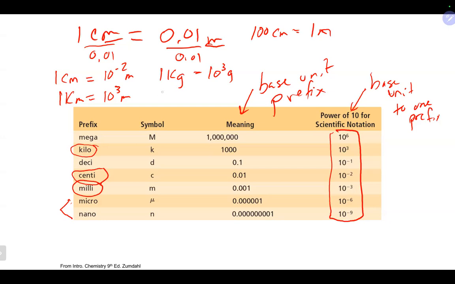If you had 1 kiloliter, that would be 10 to the 3 liters. So again, it doesn't really matter the base unit, the prefix is the same. You can apply it to any base unit you want that represents length, volume, whatever it may be. Any questions on that there?